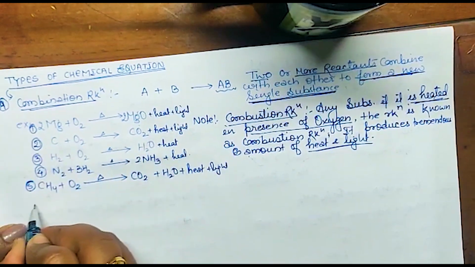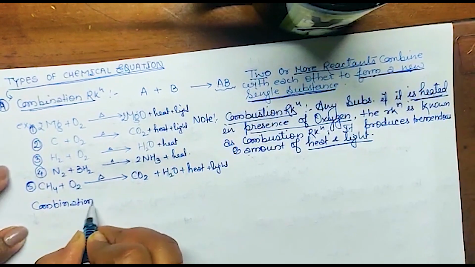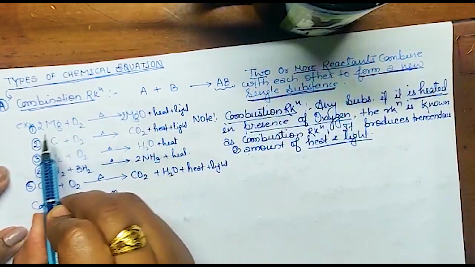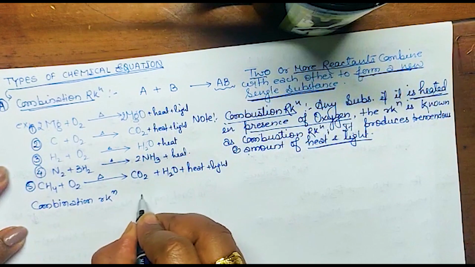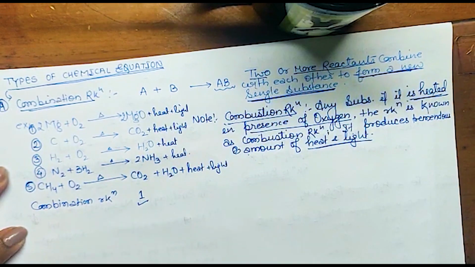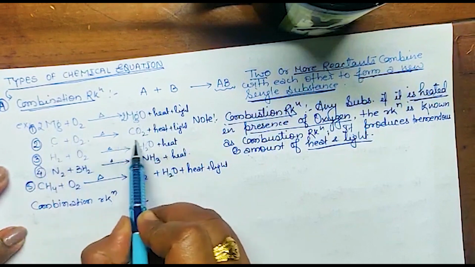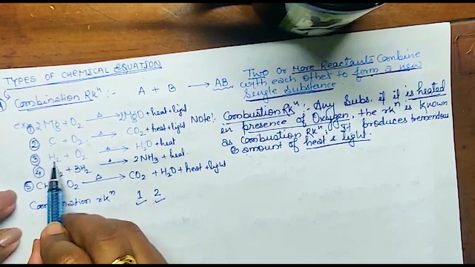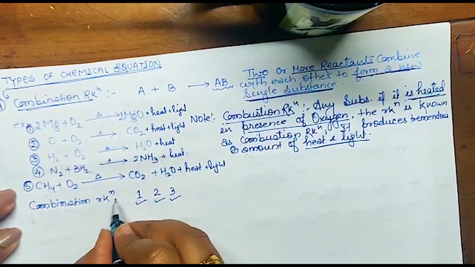So tell me which equations will be combination reactions. Two elements are combining to form a new compound, so yes, this is equation 1. Equation 2, two different elements forming a new compound, is also. Equation 3, two atoms forming a new substance, yes, equation 3 is also combination.